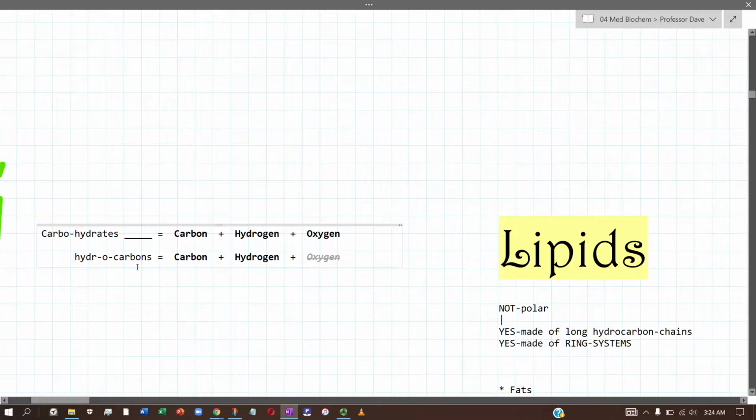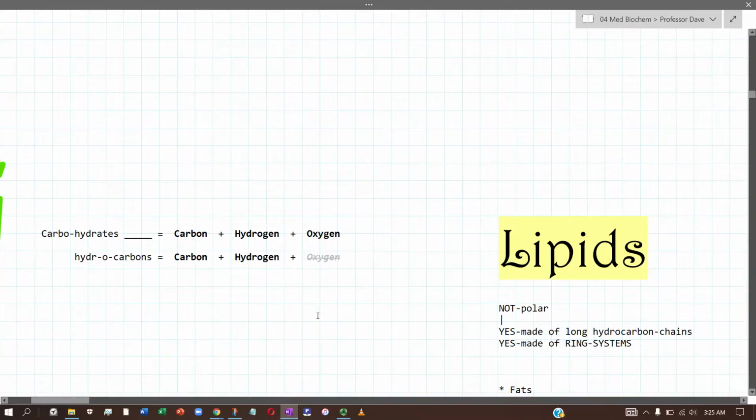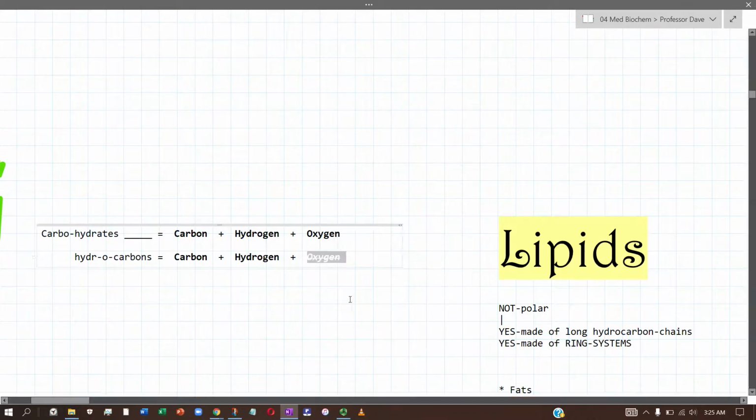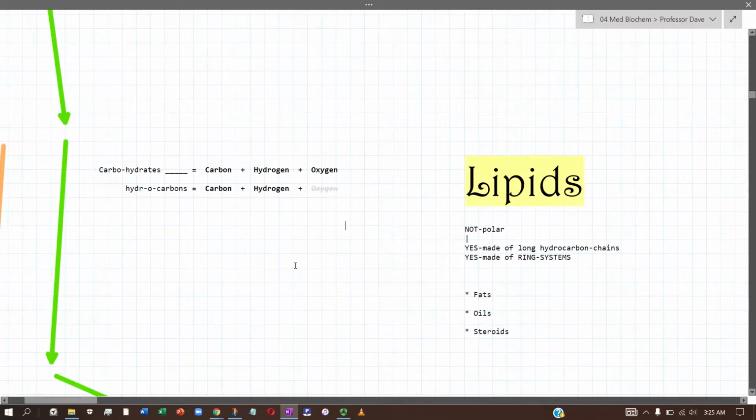So those carbohydrates include the following elements: carbon, hydrogen, and oxygen. And when it comes to hydrocarbons, the only two elements involved are carbon and hydrogen. Oxygen is out of the equation. As you can see, that's why it's crossed out and written in light gray, because we're not taking that into consideration when it comes to hydrocarbons.